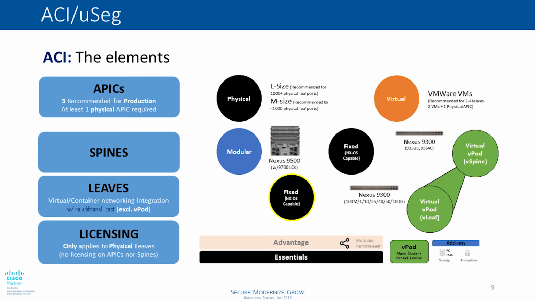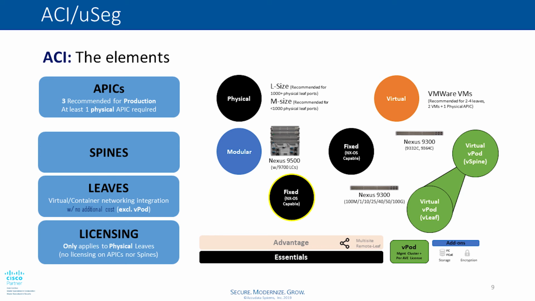What are the elements of ACI? There are four main elements. The first one is the APIC. These are the controllers. This is the brain and the control plane of your data center. Then we have the spines, which are compared to the fabric modules on the Nexus 7K. They can be modular devices. Normally, the Nexus 9500 are the ones that work as a spine, but there are 9300 models that can work as a spine as well.